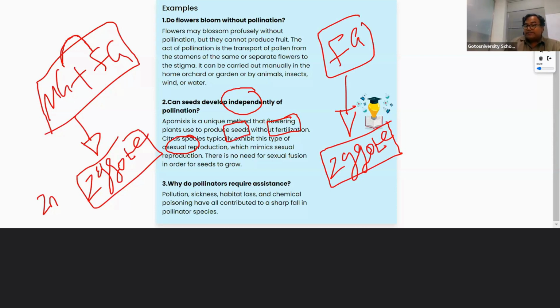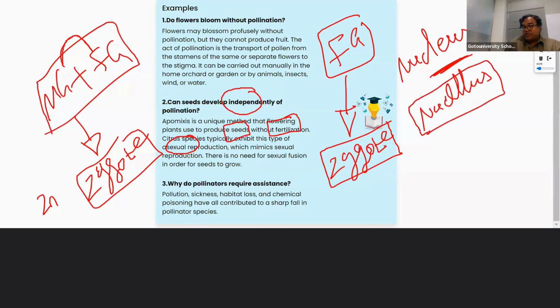The other probability is the nucellus, which is a structure. This is nucellus, not nucleus. Many people get confused between nucleus and nucellus. The nucellus is the nourishing structure of the ovule. After breaking into small pieces, it develops into a zygote.